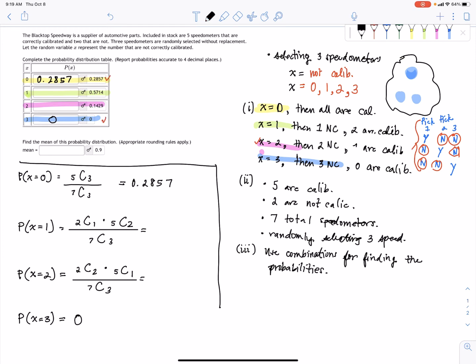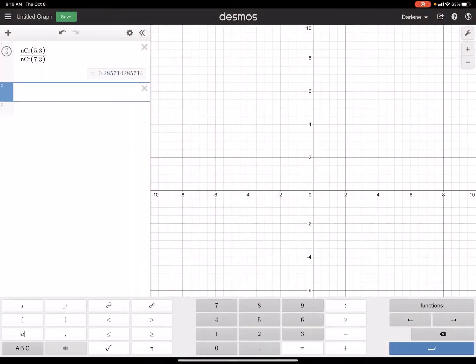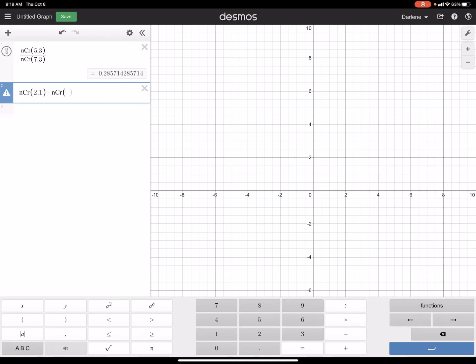So we have 2 more to do. So let's do when x equals 1. Recall when x equals 1, that means go to Functions, click NCR, and that means that out of the 2 that are not calibrated, I'm picking 1 that's not calibrated, times, go back to Functions NCR, that out of the 5 that are calibrated, I'm picking 2 that are calibrated, divided by function NCR, out of the 7 in the box, randomly choosing 3.